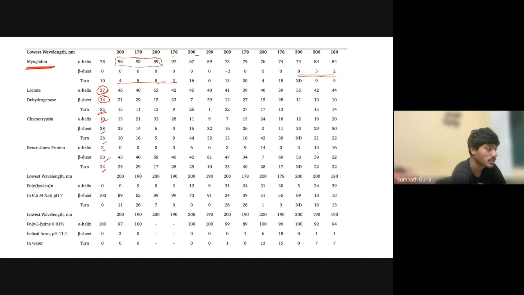Whereas for polylysine at pH 11.1, it shows 100% alpha helix. So if you change the pH, the secondary structure of the protein changes hugely, and CD spectra actually monitor that phenomenon.